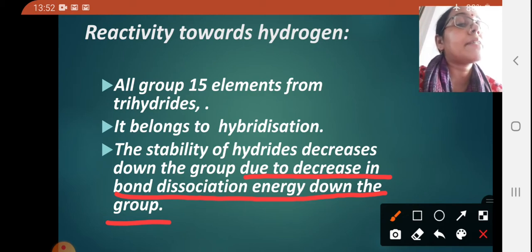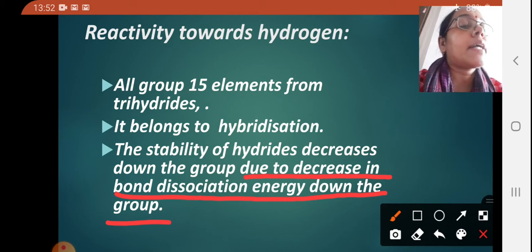That means we can say here one point, that the stability of hydrides is directly proportional to the bond dissociation energy.